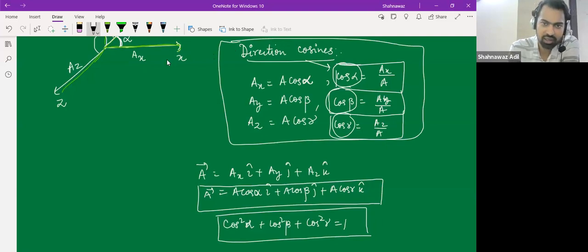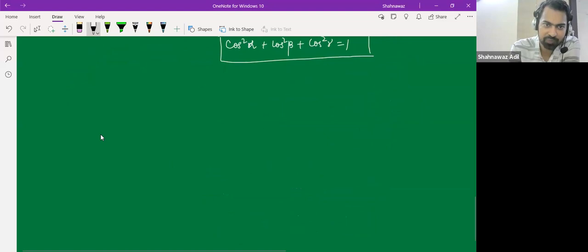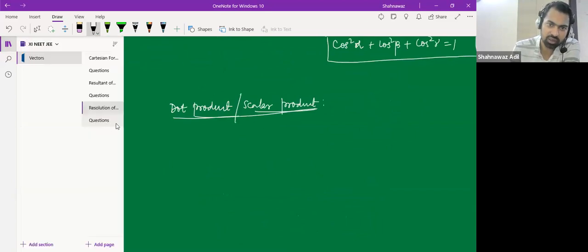These are the things that you need to know. And you have the dot product also, or the scalar product. But before we go ahead, let us solve a question based on resolution.